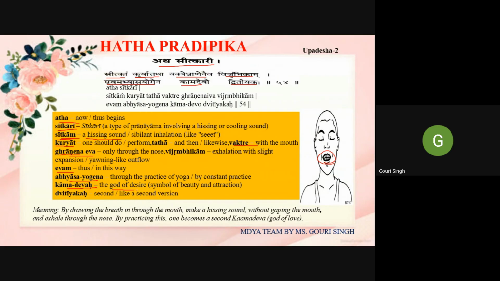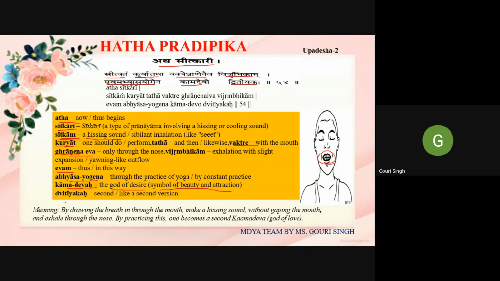The god of desire, the symbol of beauty and attraction. That type of glow, that type of attraction and beauty comes in your body and face, so that you can be attracted by others, or you may attract others.